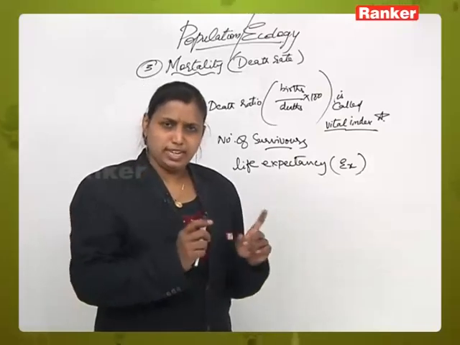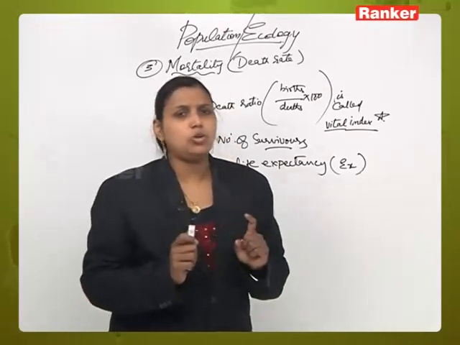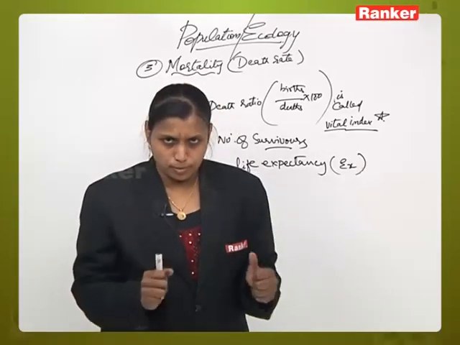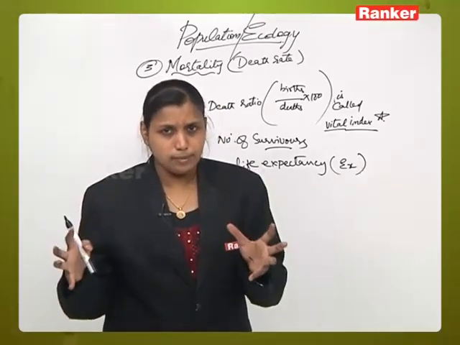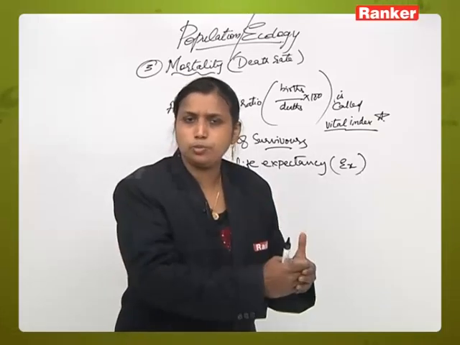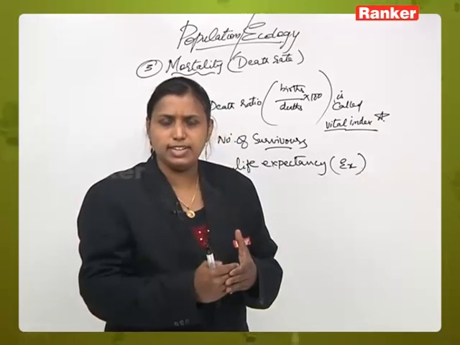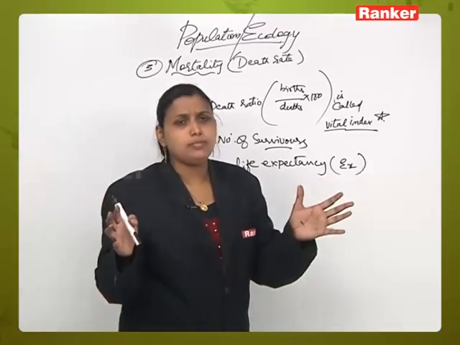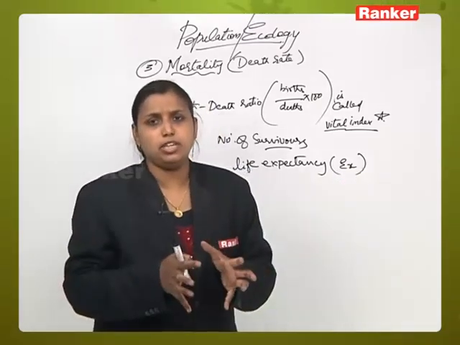So when we are taking mortality into account, it does not mean only the number of deaths occurring in a population. It also means that out of 100 population, a certain percentage has the natality rate and a certain number are dead. In between these two comes the number of people still surviving in that population.